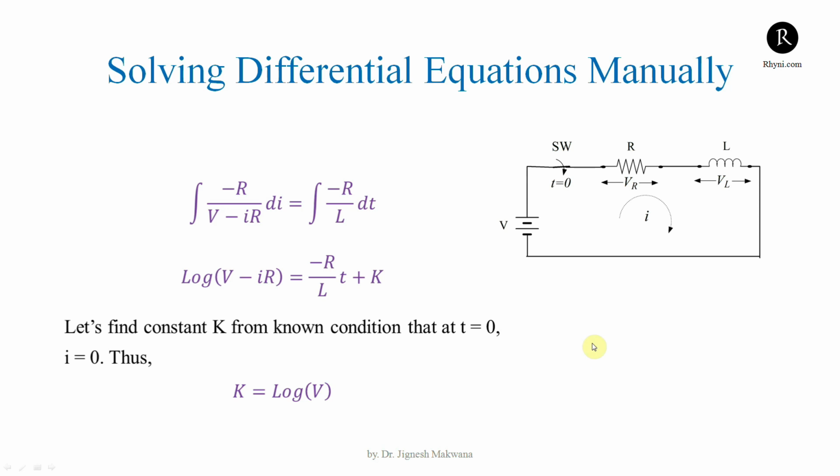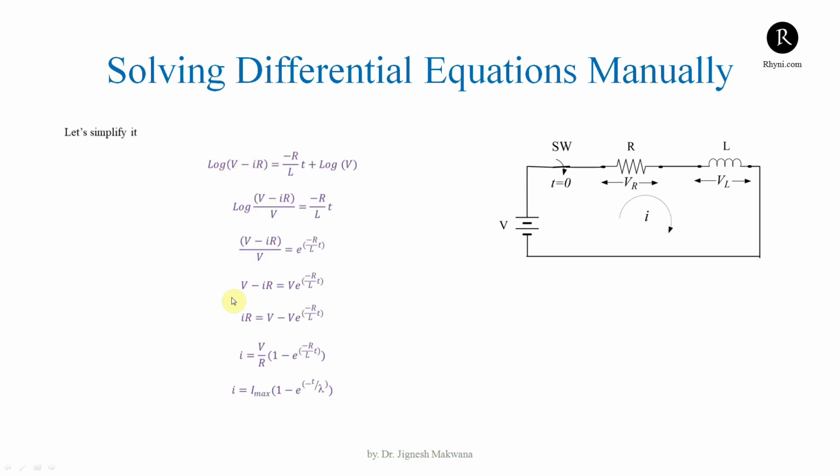The current will rise exponentially and slowly, and at the initial condition the inductor will act as an open circuit, as we know. From that initial condition we can find the value of k and the final equation. By solving again, this will be I is equal to V by R times 1 minus e raised to minus R by L times t. This will be our final solution, and this is how we solve it.